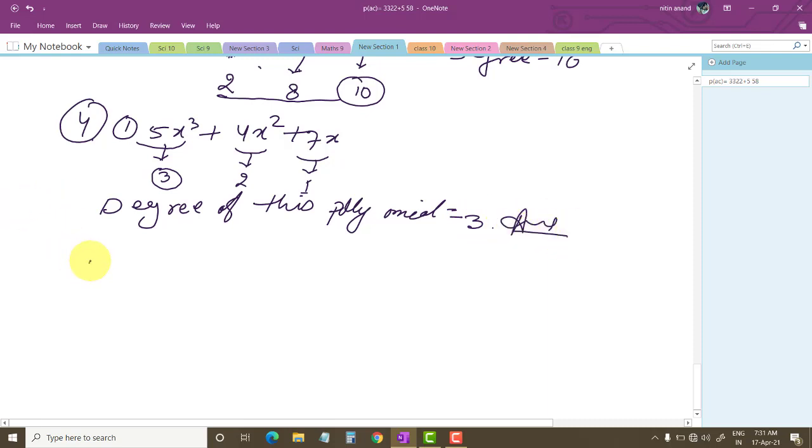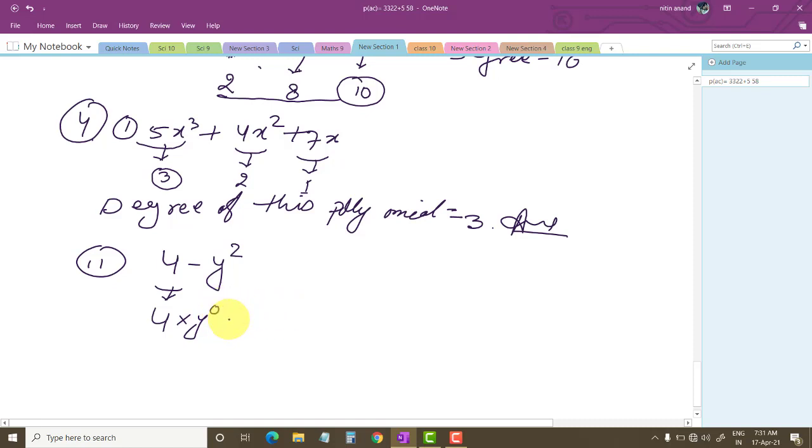Now see the second question: 4 minus y square. We see the powers of the variable. This is a constant term, so we can write it as 4 into y to the power 0, though there is no need.